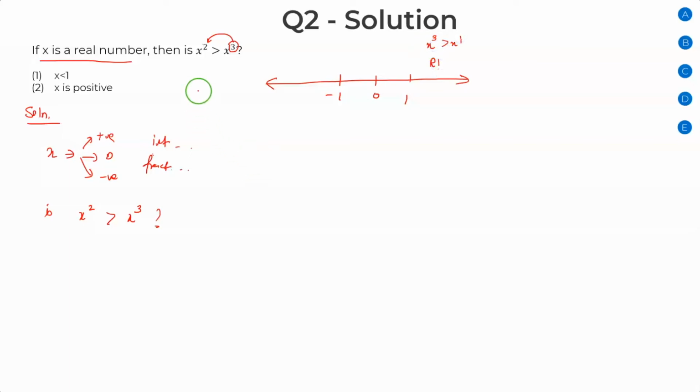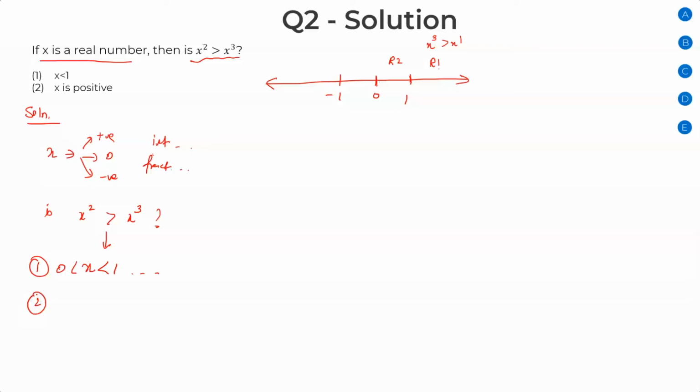So obviously they are not talking about region 1, that we can be sure of, because region 1 won't work. If it doesn't work in region 1, it would definitely work in region 2, right? In region 2, we know that the higher power has a lower value, so maybe they are talking about region 2. I need to figure out whether x is between 0 and 1. That's one case which is possible.